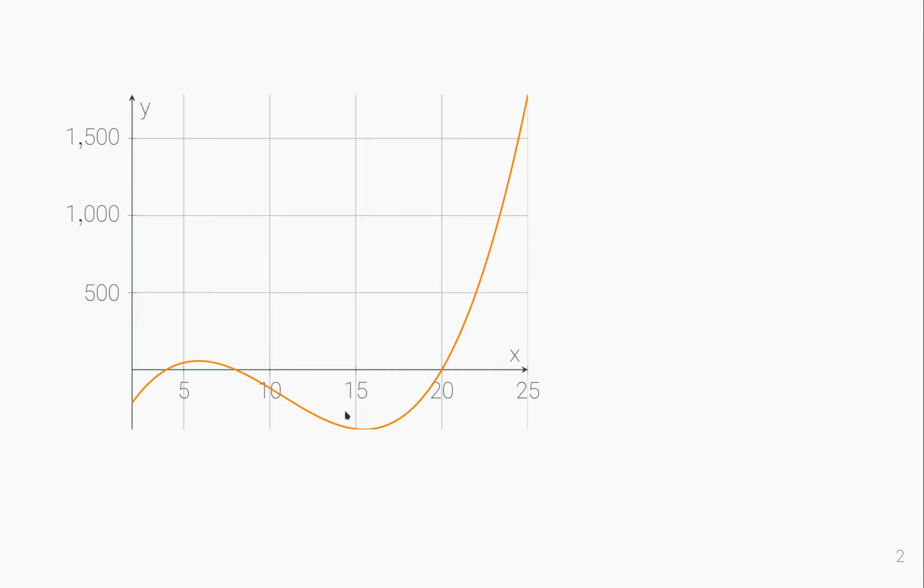Now, if you look at this graph and you figure that if you shift this graph by, let's say, 500 units, okay, you say y is equal to x minus 3 into x minus 6 into x minus 20 plus 500. Then this entire graph will shift up by 500 units, okay?